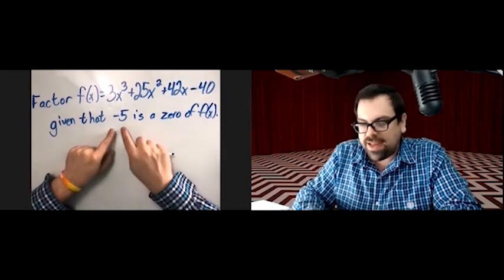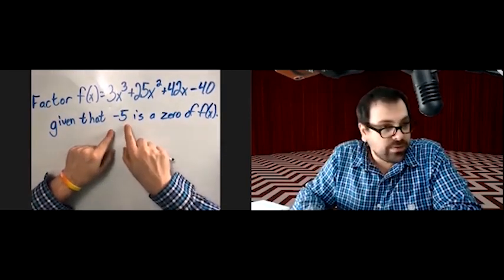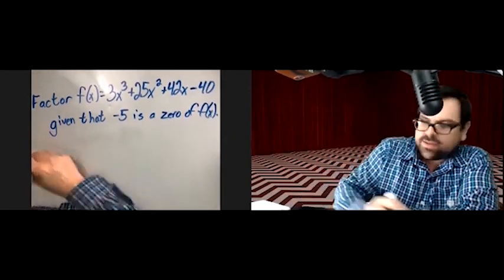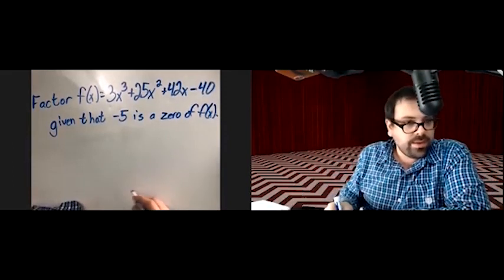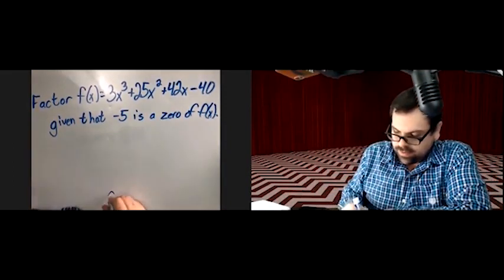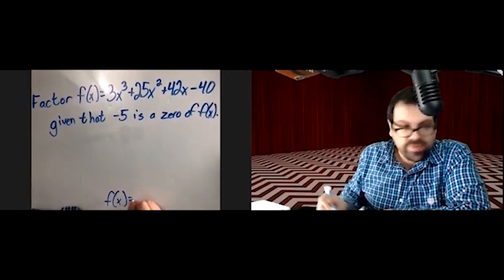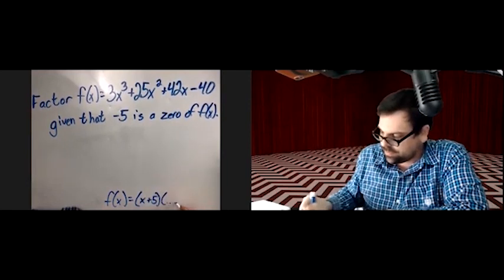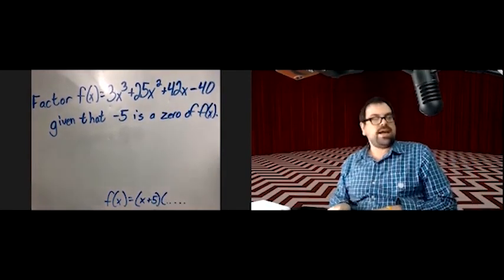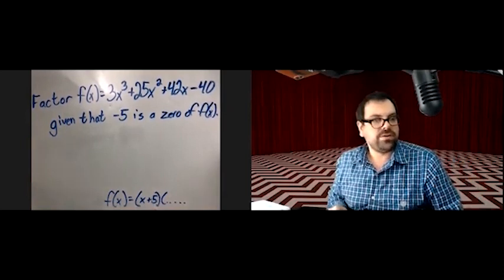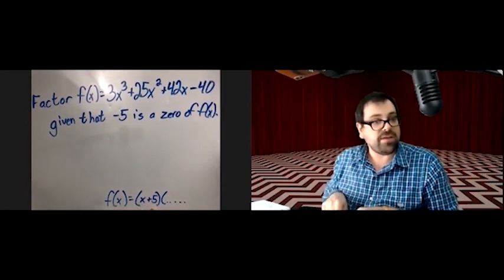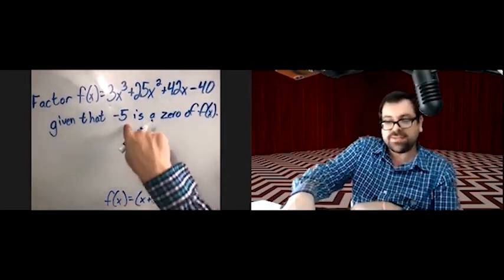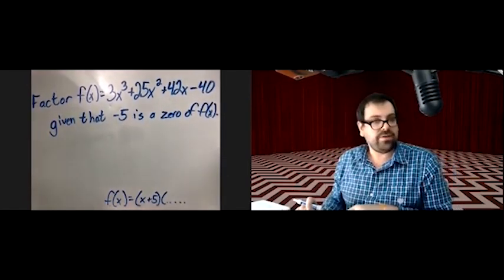So given that negative 5 is a 0, that means that f of x in factored form has an x plus 5 as a factor, because a factor of x plus 5, when we set it equal to 0, gives us negative 5.